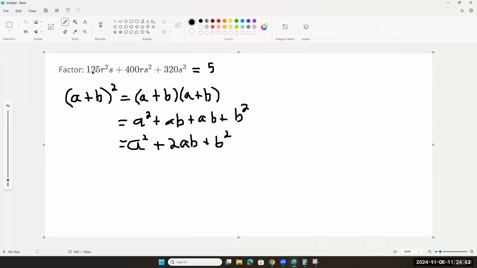Because 125 is divisible by 5, 400 is divisible by 5, and 320 is divisible by 5. Okay. Notice also that all of these are divisible by S because they all have an S in them. So I'm going to factor out an S.